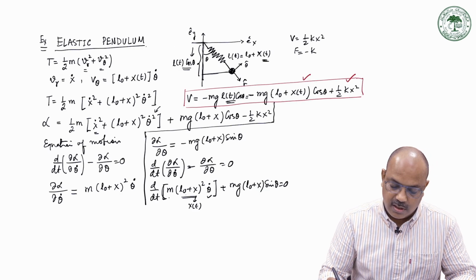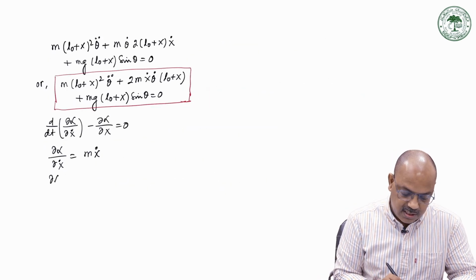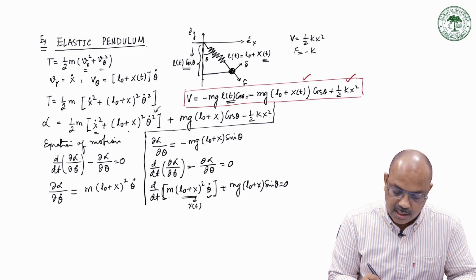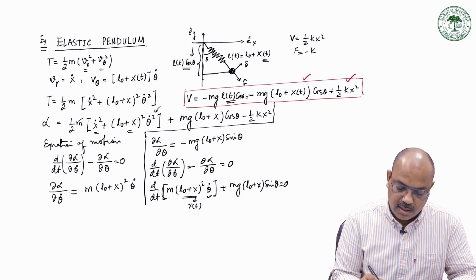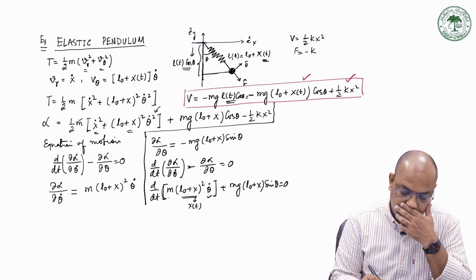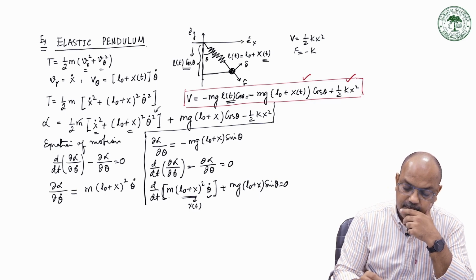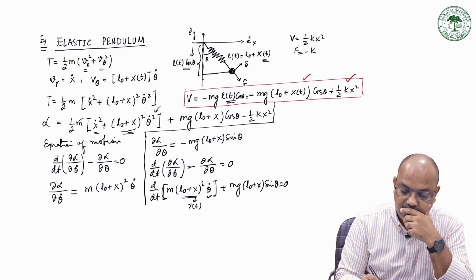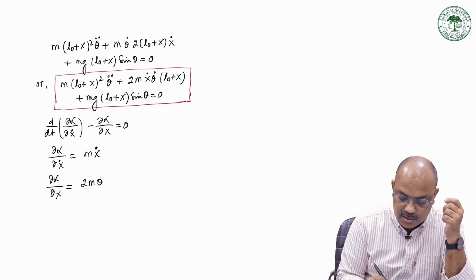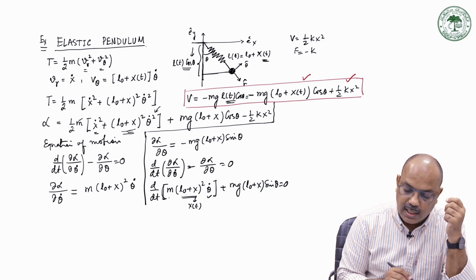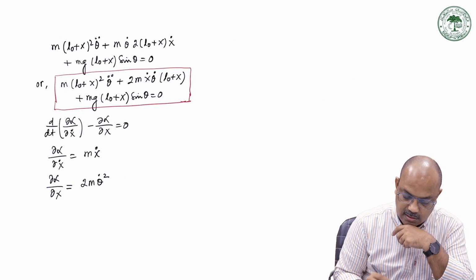Then delta L by delta x: from here this is m L0 plus x, this is with x, so this is going to be twice m theta dot squared, and then we have L0 plus x.